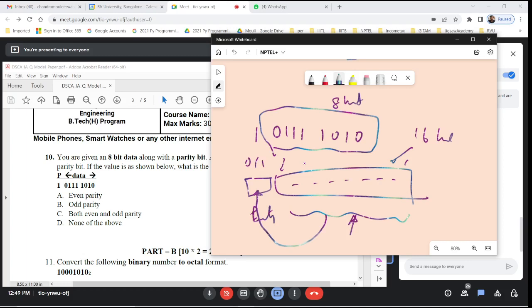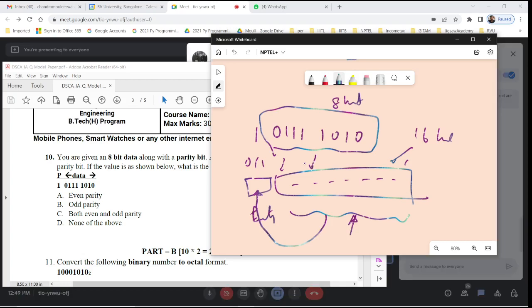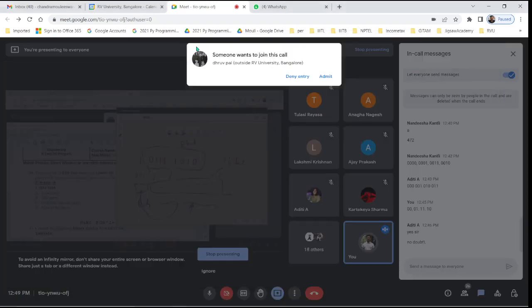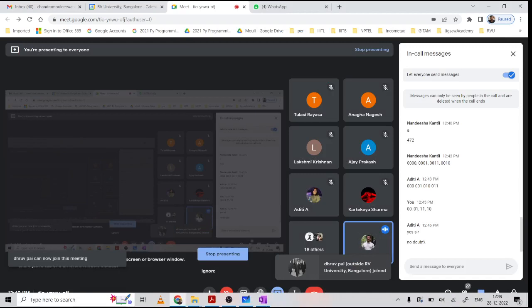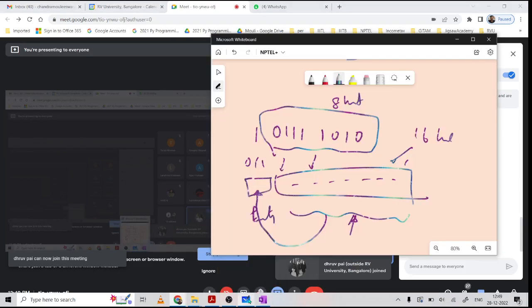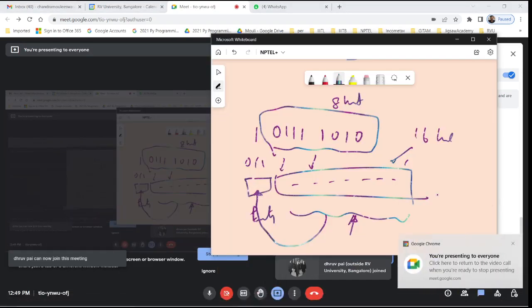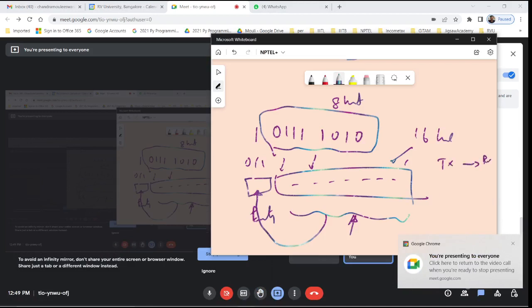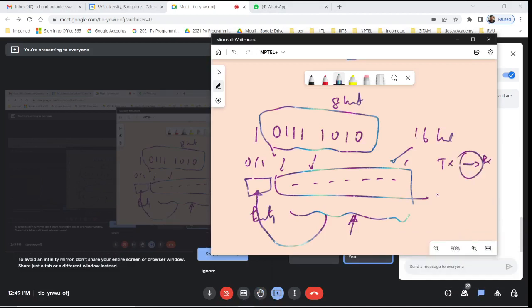Now what is the purpose of parity? It is to find out whether a given data along with the parity is received properly or not. It is used for a communication channel, wherein a transmitter is sending some data to the receiver over some communication channel, maybe a serial port, wireless communication or optical communication. It doesn't matter what medium you use.